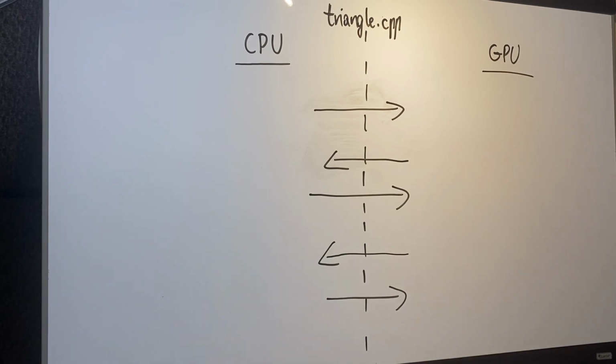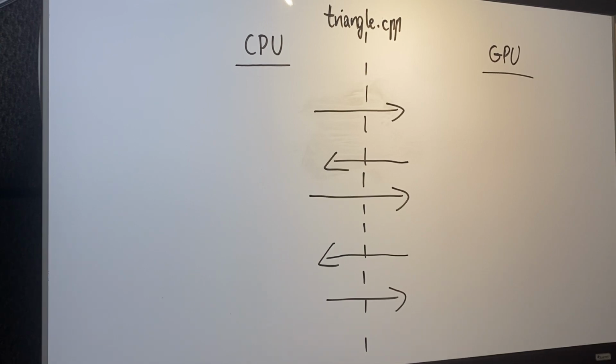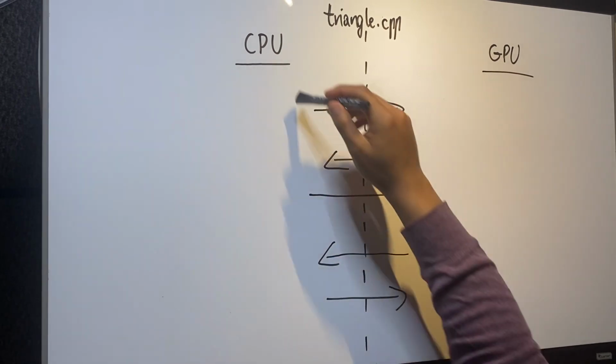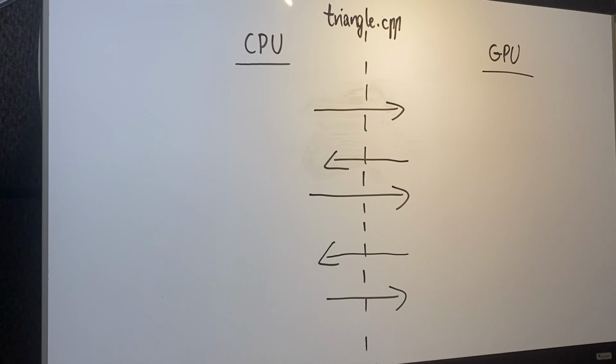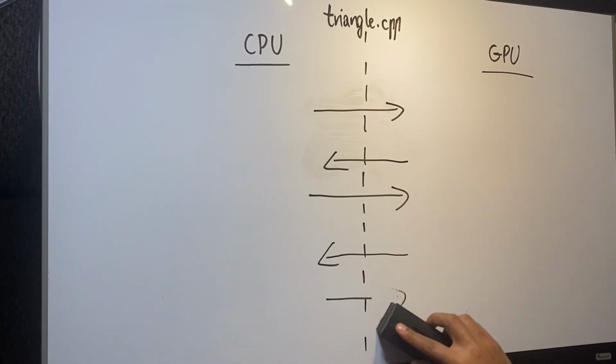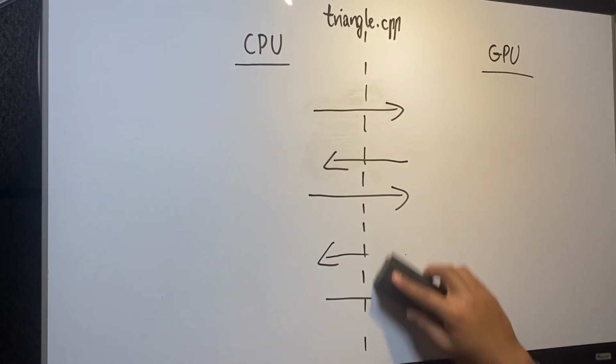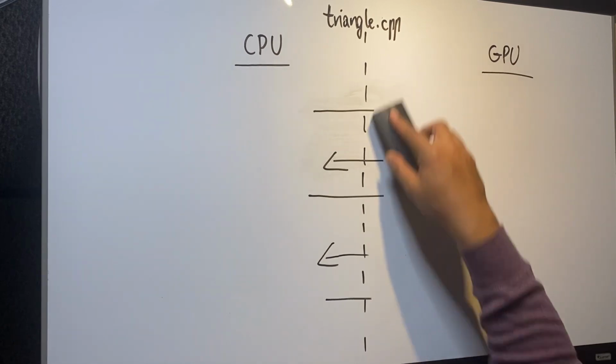So when we eventually go through the triangle algorithm, you're gonna see that we're gonna talk about fences, and these fences are basically managing the CPU to GPU relationship, right? So nothing too crazy to understand with that.